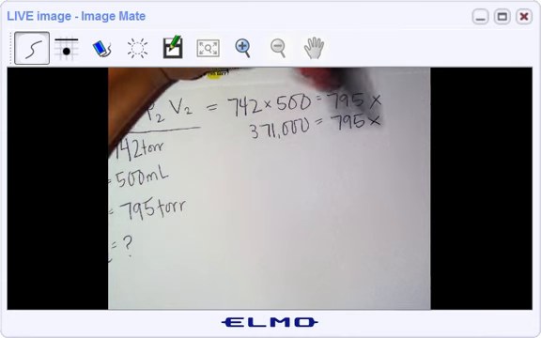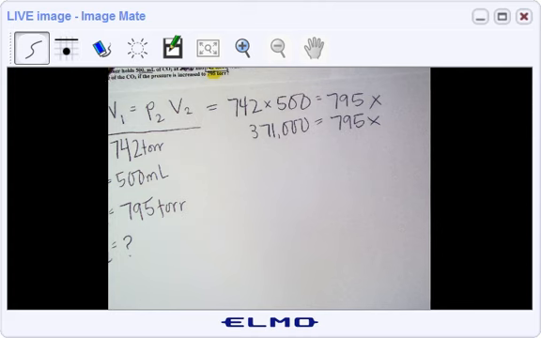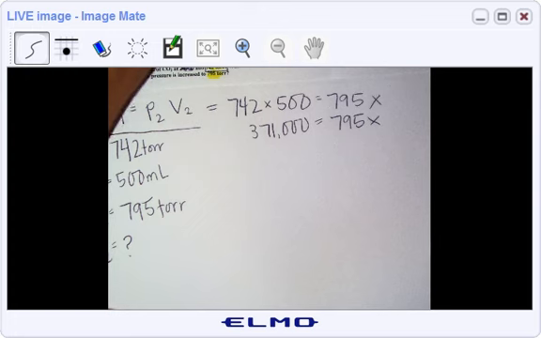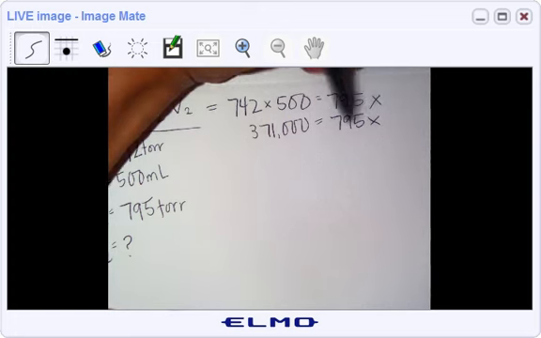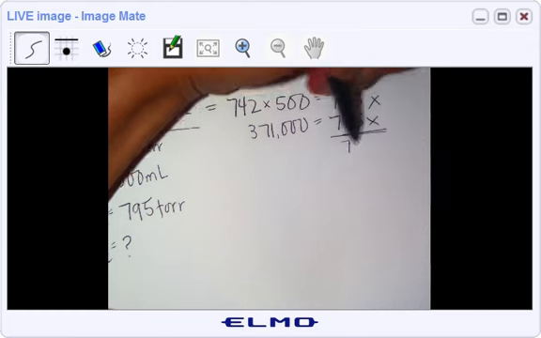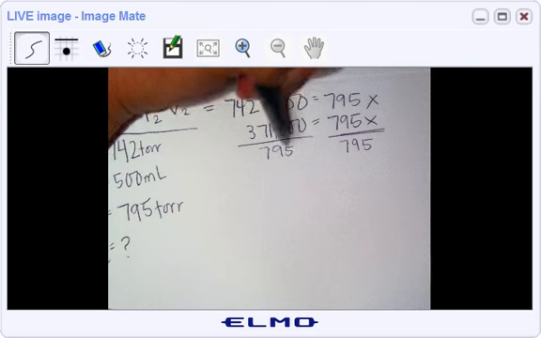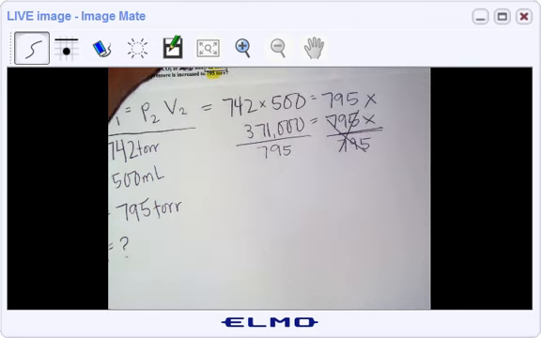To get these separated, to isolate X, because that's what we're solving for, X is really the V2, we just do the opposite of what it's currently doing to both sides of the equation. So right now, it's being multiplied by 795. I'm going to divide by 795 on both sides to get rid of it.